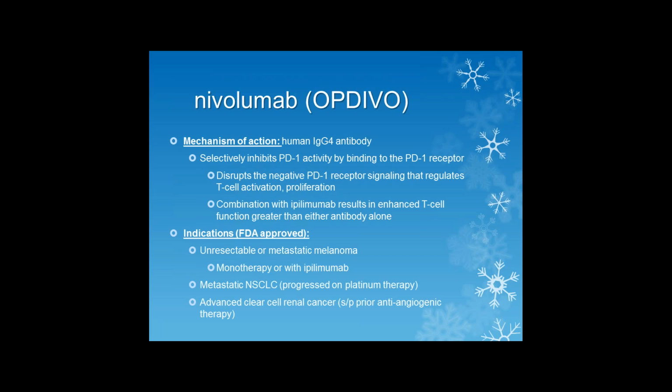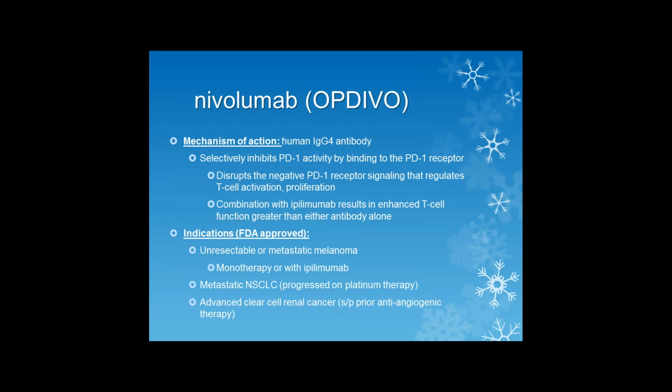Nivolumab, which is one of the coolest new drugs, I think. This is a human IgG4 antibody, another one that selectively inhibits PD-1. And this is, again, regulating that T-cell activation and proliferation. It does say that when you combine this drug with ipilimumab, it results in T-cell function that's enhanced greater than either drug alone. So there is some benefit to using both together.